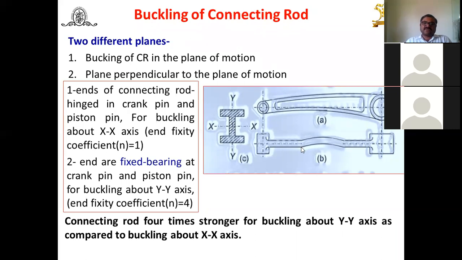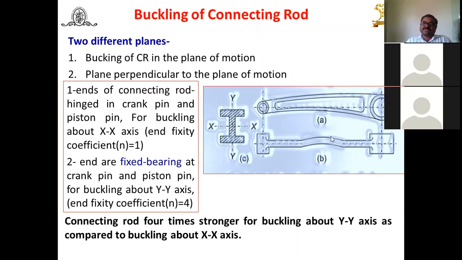Now again here, we have to consider the plane of motion. Look at diagram 1 or figure A. We will find the ends of the connecting rod hinged at the crank pin and the piston pin, for buckling about the x-axis. So here, looking at this diagram in the plane of motion, with one single pin, the end fixity coefficient n is equal to 1 in this case directly.